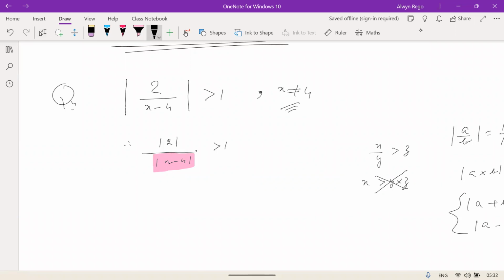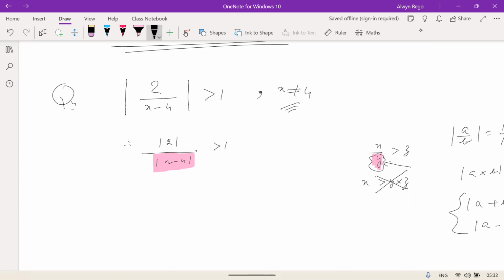Mathematically, it is wrong, because only if this y is positive, transposing it, which is like multiplying both sides by a positive, will maintain the inequality. If this y is negative, then the inequality will switch around. So if you do not know what that y is, then you don't transpose until you know what it is. Or maybe take cases: what if it is positive? What if it is negative? And then you transpose. Otherwise, you couldn't do that.